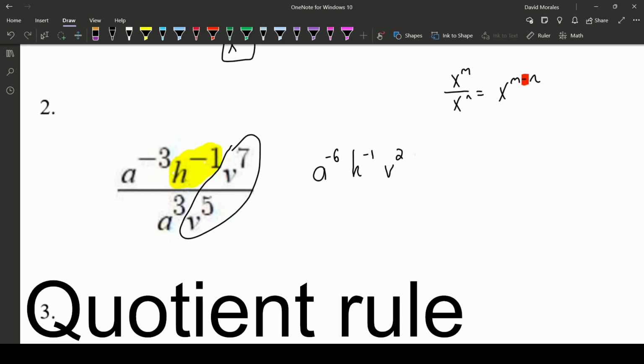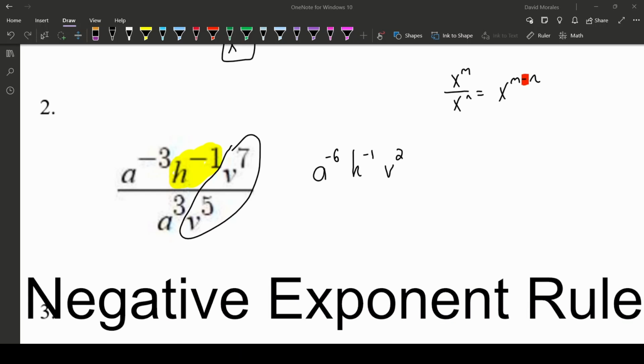So am I finished? No, I'm not. I'll be doing the negative exponent rule, which says, hey, if I have something raised to a negative exponent, it's going to end up on the bottom, okay, as a positive exponent.